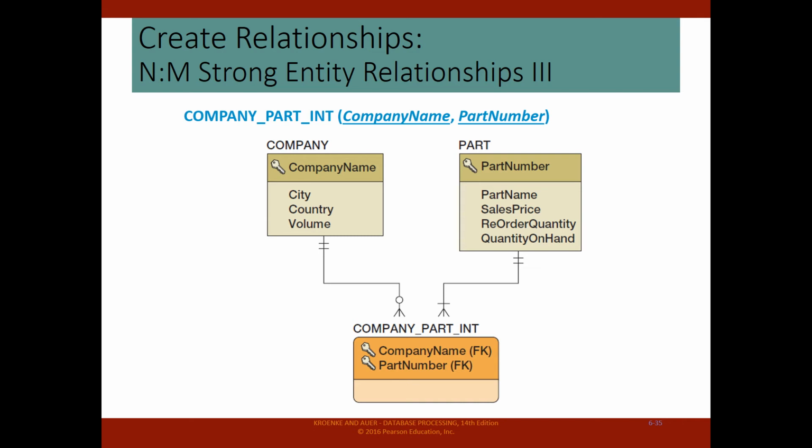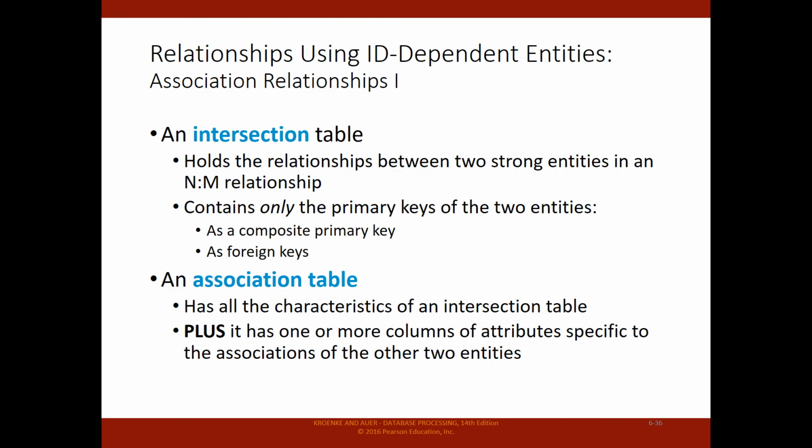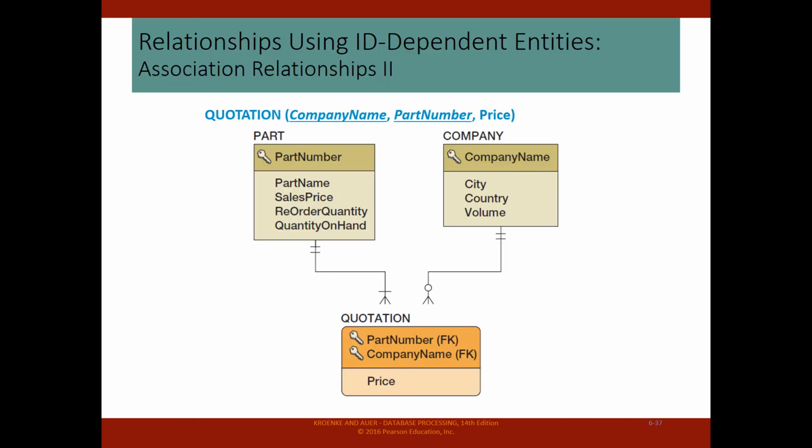But for now, the second name of this table, we call it association table, but it is a little bit different from the intersection table because now we have a non-key. So let's look at an example: every resident will have many phone types, and every phone type belongs to many residents. So now we have a many-to-many relationship.